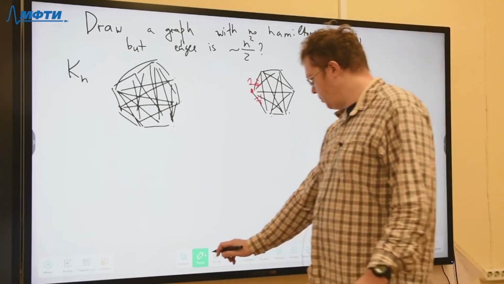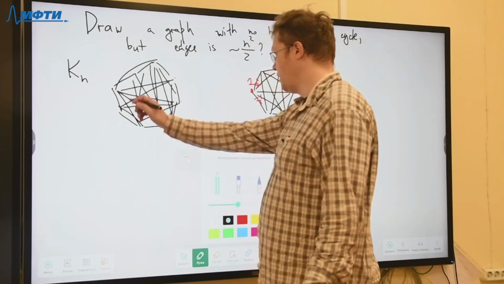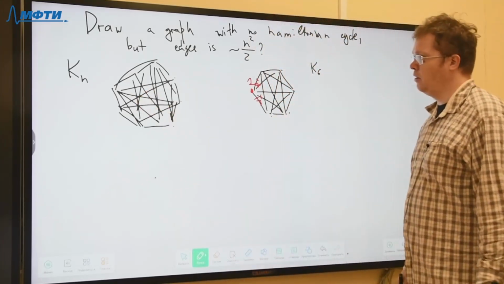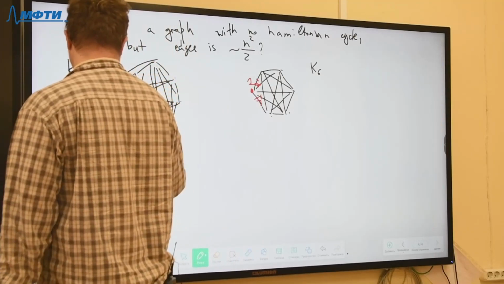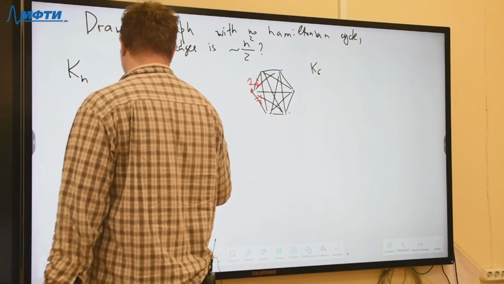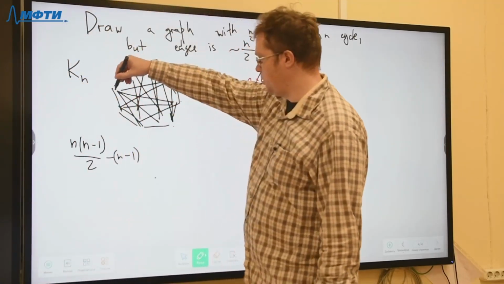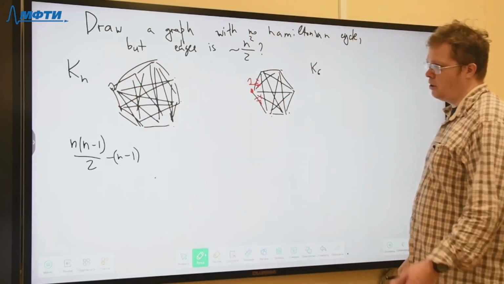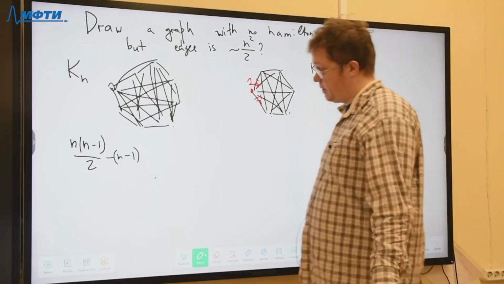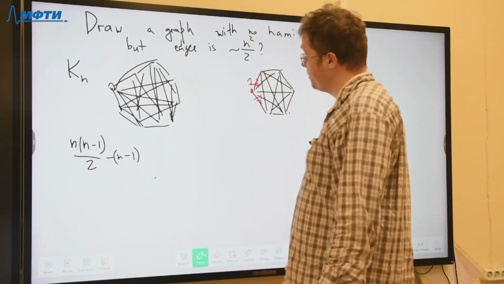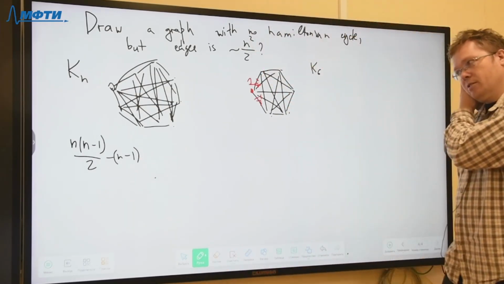So if you do this with a complete graph Kn, we see that we just need to get rid of n minus 1 edges. So we take an arbitrary node and then delete all edges except for one. And so this graph will be not Hamiltonian.